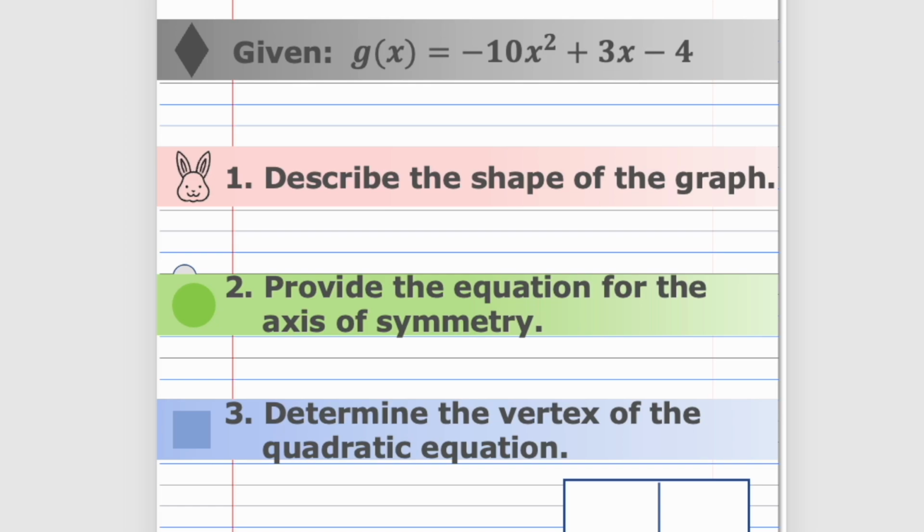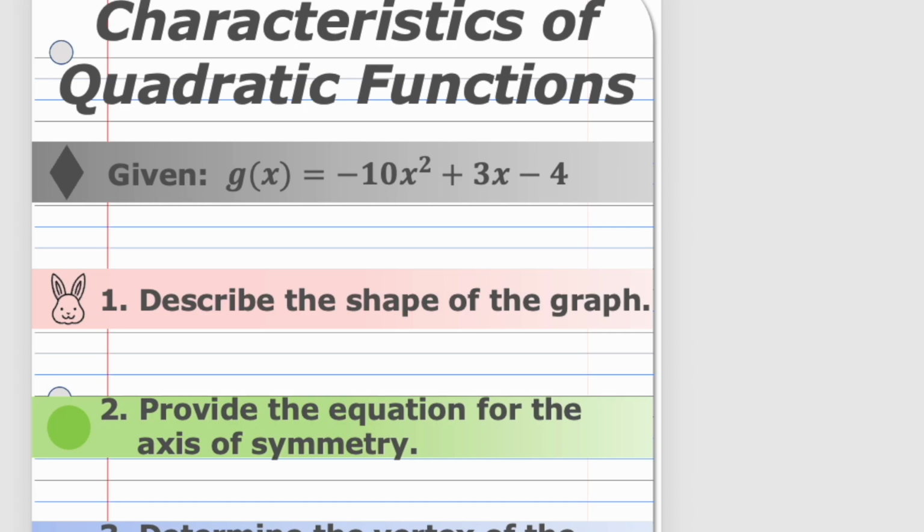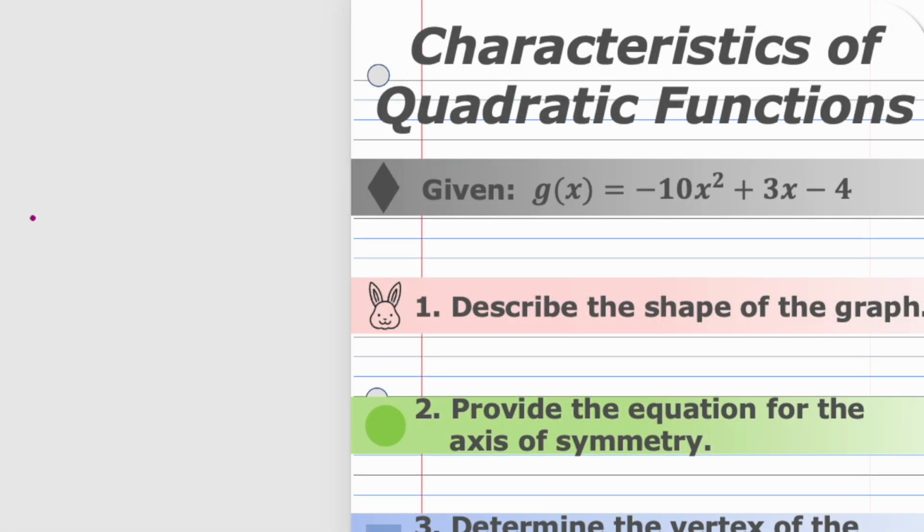All right, number 2, provide the equation for the axis of symmetry. If you have access to a formula sheet and the formula sheet gives you the x value for the vertex, negative b over 2a, we can quickly find the axis of symmetry, because if we know the x value of the vertex, we know the axis of symmetry. We already determined that a is negative 10, b is 3, and c is negative 4.